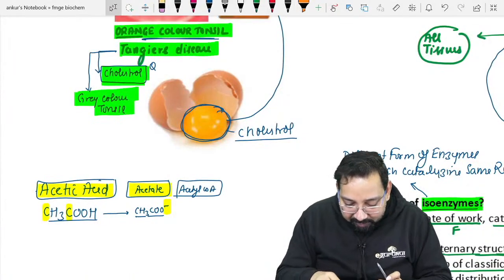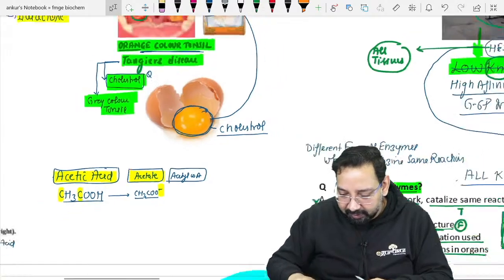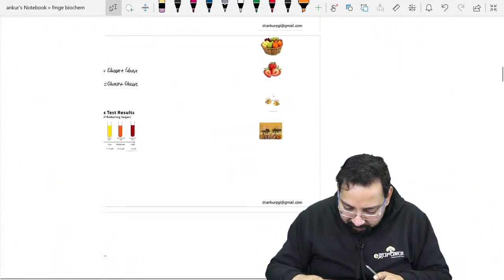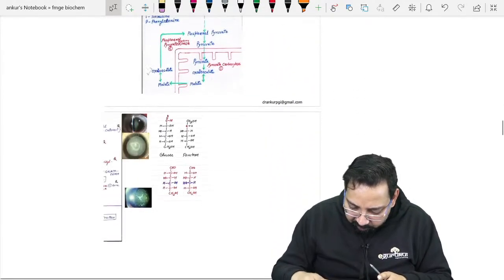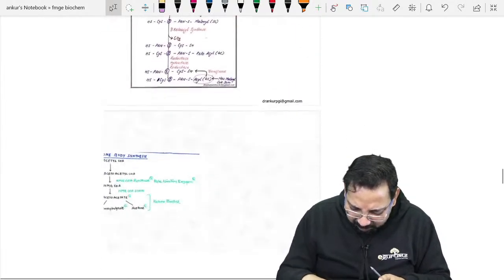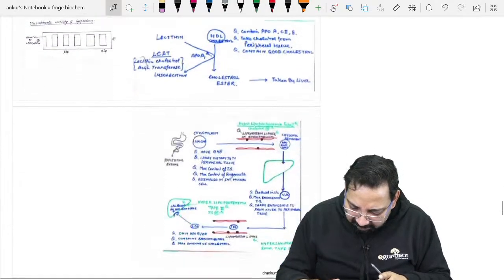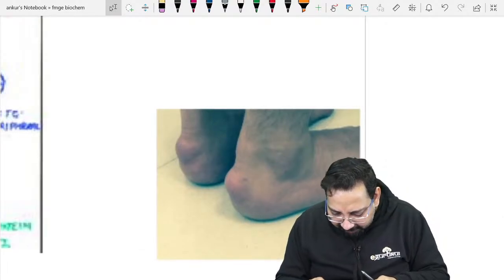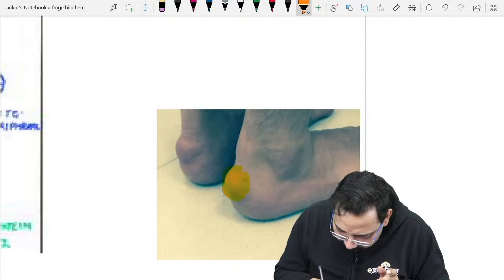If I take this cholesterol, extract it and implant this cholesterol at the tendo Achilles subcutaneously. You must be feeling what weird thing I am telling you, but please do accept for the time being, and you will really appreciate it in the later part of your preparation. Yes, I inject it or implant it subcutaneously at the tendo Achilles.